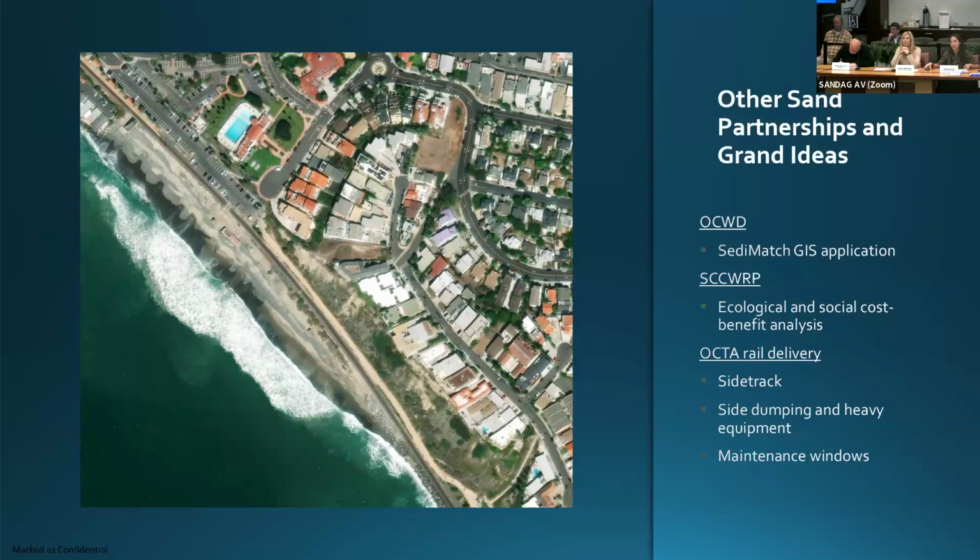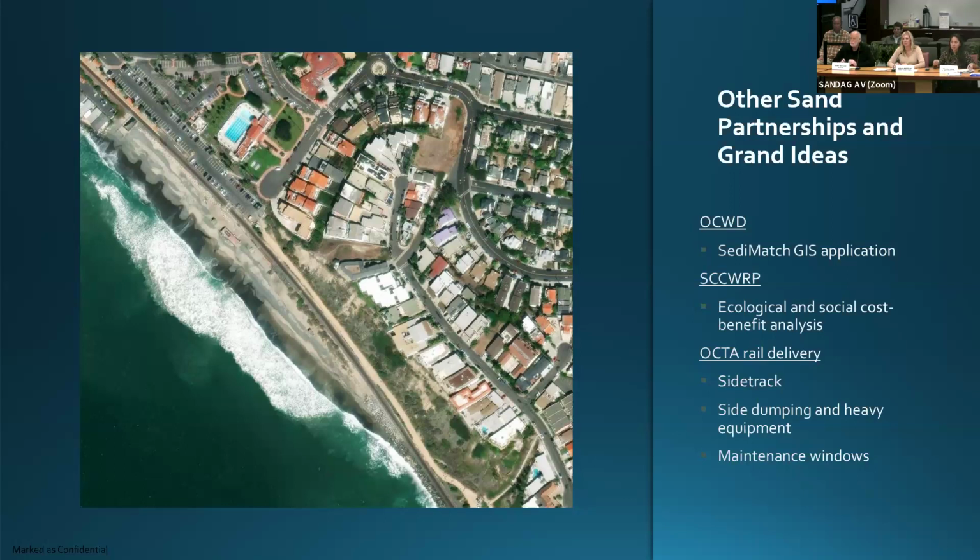They're grand ideas. So we're working with the Orange County Water District on adapting the Set and Match GIS application that is in place in the San Francisco Bay Area, and using that exact same app, bringing it down here and providing an application to match source and receiver sites for sand and sediment in the region.